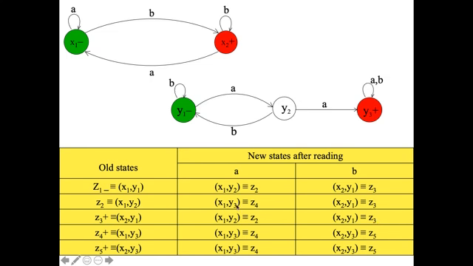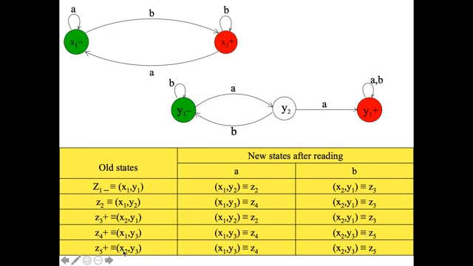Now this is the new one, so we take Z4, which is basically X1, Y3. In X1 reading A, we go to X1, and in Y3 reading A, we go to Y3, which is basically the same as Z4. In X1 reading B, we go to X2, and in Y3 reading B, we go to Y3, which is a new state, so let's call it Z5.